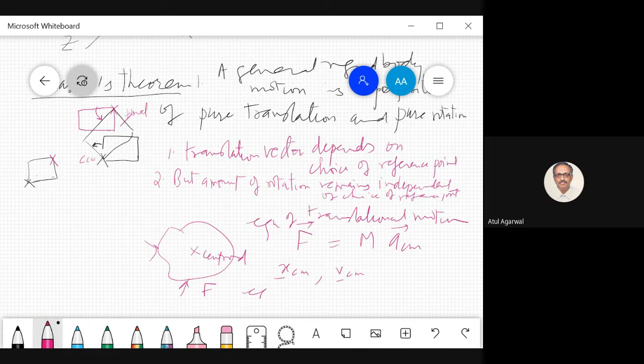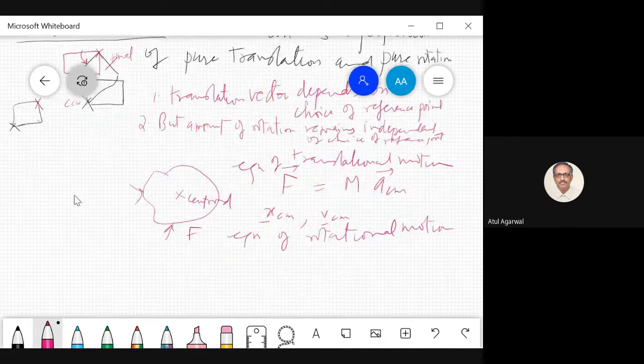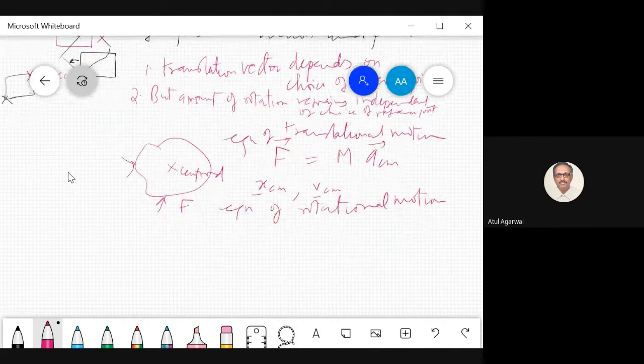Similarly, you can write equation of rotational motion. So there you have R cross F, or torque of the applied forces, is equal to time derivative of angular momentum.